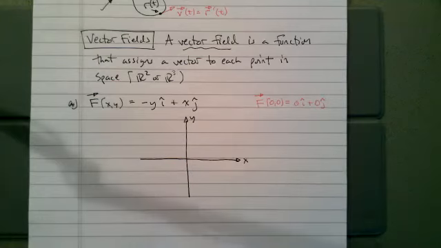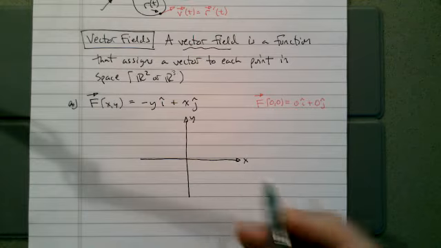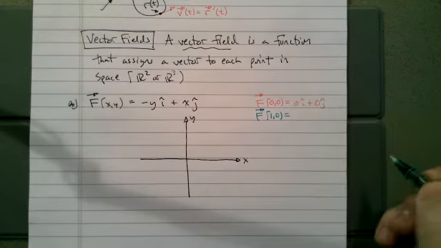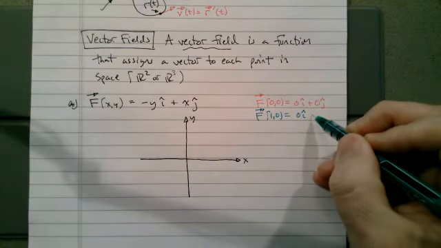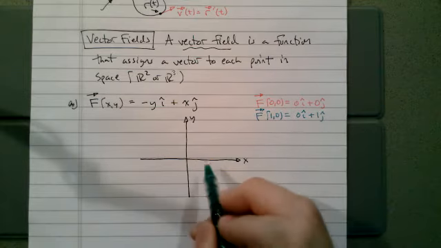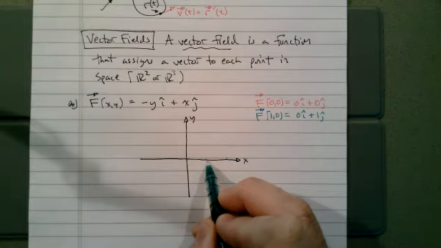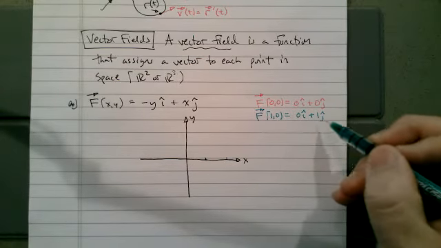So we're going to get 0 at the origin. That was exciting. Let's pick another point. Let's pick the point f of 1, 0. Let's cruise along the x-axis and see what kind of vectors we're going to get. So f at 1, 0: y is 0, so 0i plus 1 times j. So at the point 1, 0, I'll draw the vector 0i plus 1j.